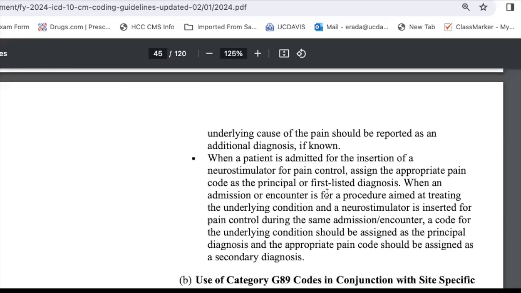Okay, so when the patient goes to the clinic and has a neurostimulator inserted into the patient's back, your primary diagnosis has to be the pain, again, because the purpose of the visit is to have that pain controlled, right?